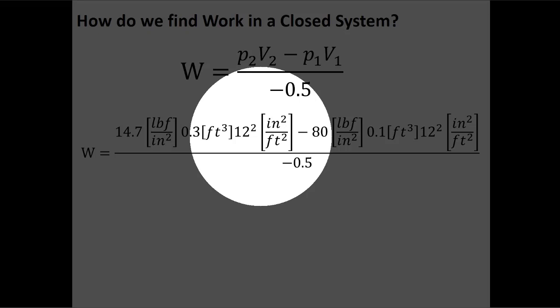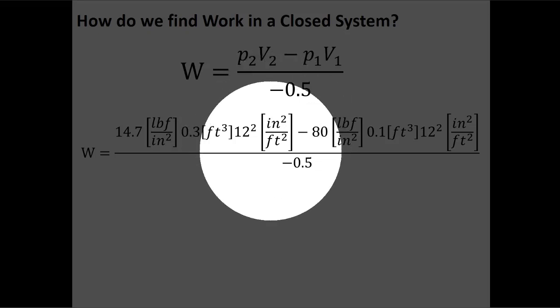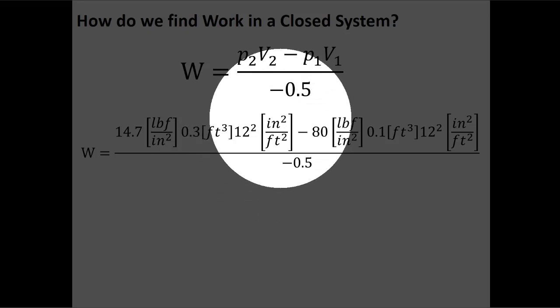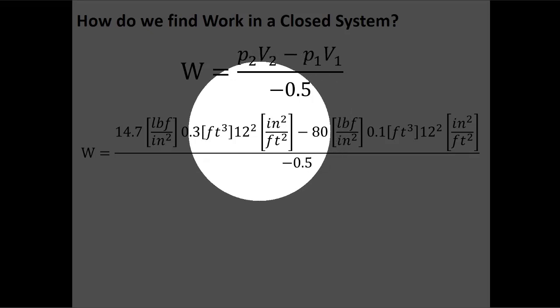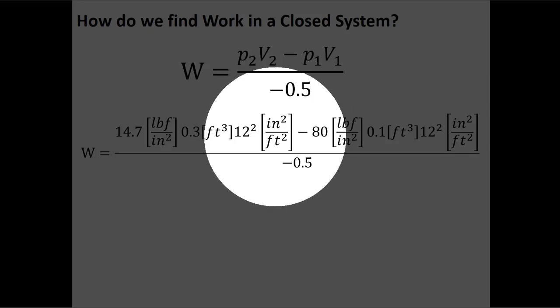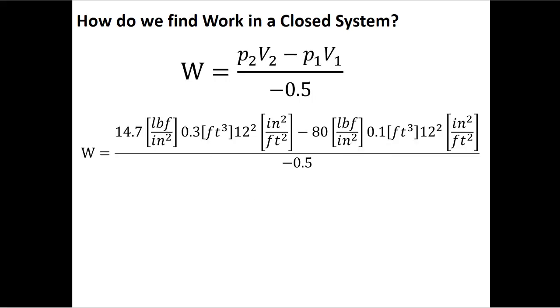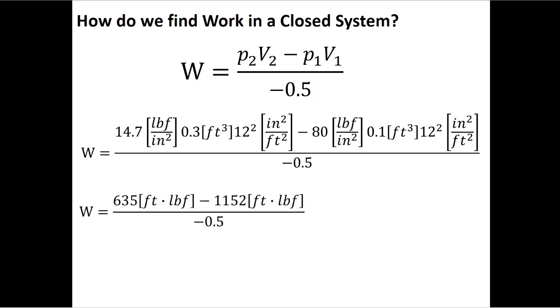So now I know that there are 12 inches in a foot, but I want to get rid of inches squared. So my 12 squared times inches squared is up on the top, and I divide by feet squared. I do this for both of my terms, and then I get this number here, that the work is equal to 1,034 foot-pounds.